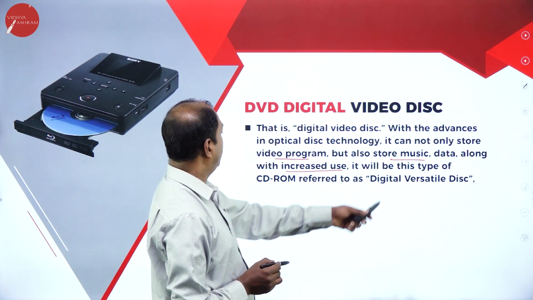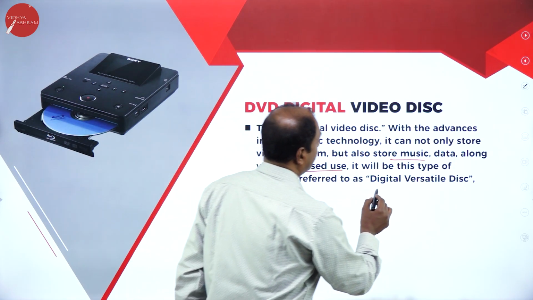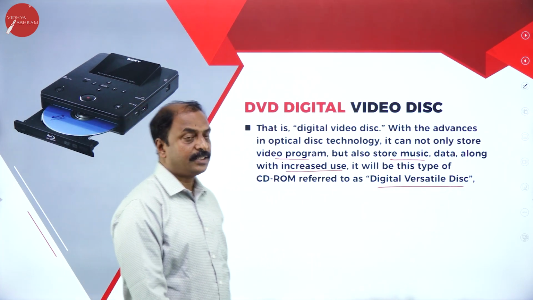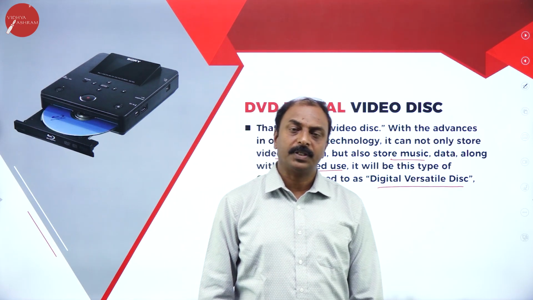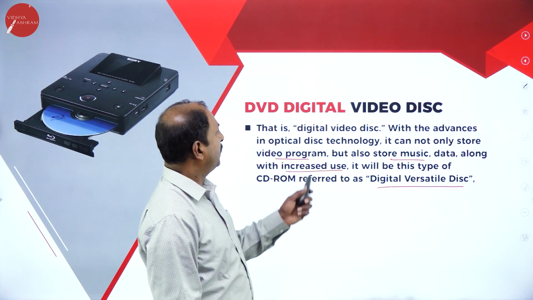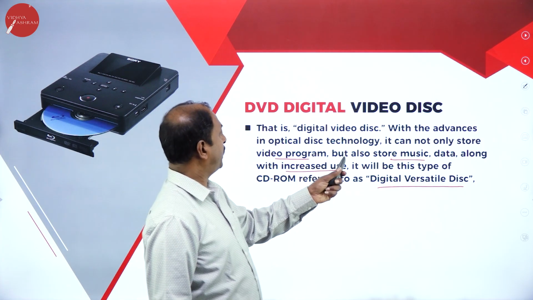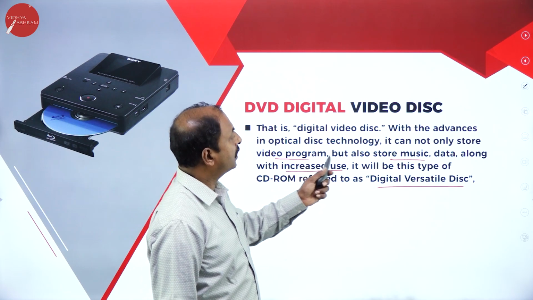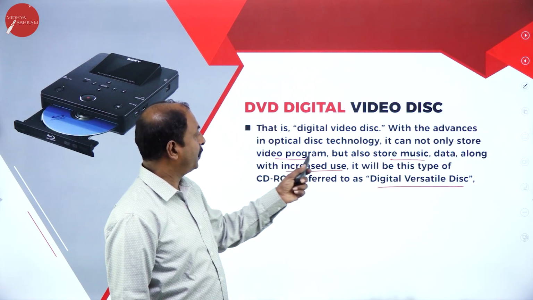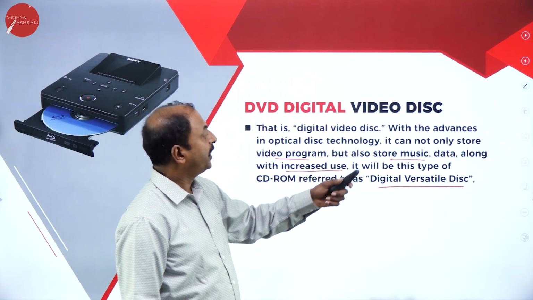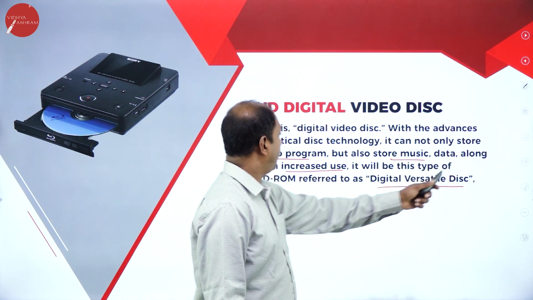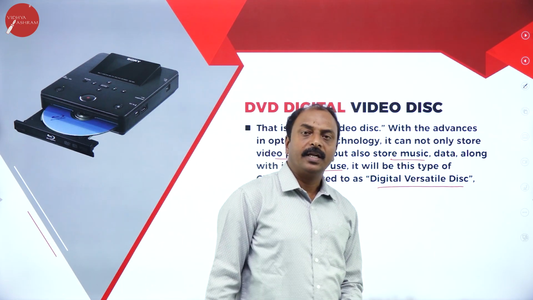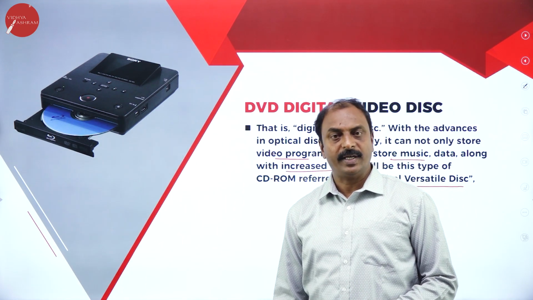So this type of CD-ROM is also referred to as digital versatile disc. DVD is another form of optical disc, using advanced optical technology to store the data. Not only video, we can also store different types of data like music, along with increased use. So this is a DVD, another secondary storage device.